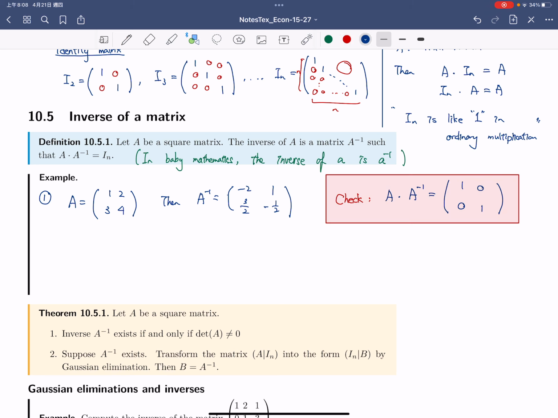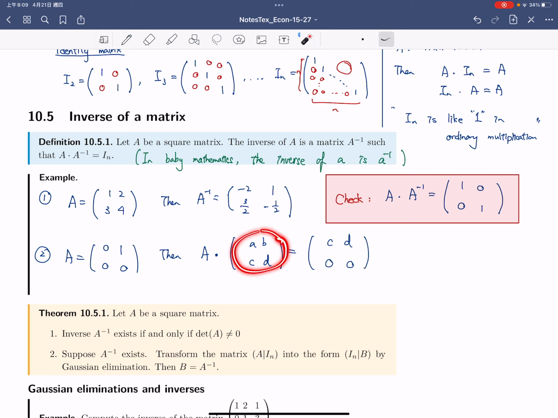But you need to be careful, because not all matrices have an inverse. For example, if A is 0, 1, 0, 0, then A times any matrix with entries A, B, C, D gives you C, D, 0, 0. So no matter what matrix you put here, you can never make this the identity matrix, because this entry is never 1.